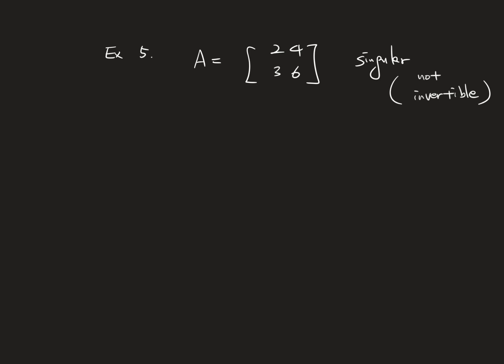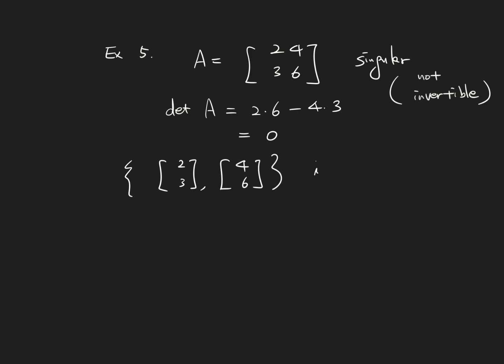We see this example. This matrix is singular. This is not invertible because the determinant of A is 2 times 6 minus 4 times 3, which is equal to 0. So (2, 4) and (3, 6) are dependent. So not a basis for R2.